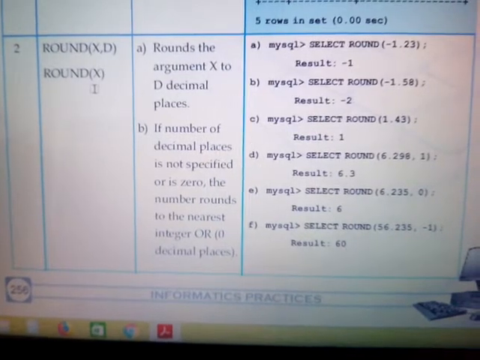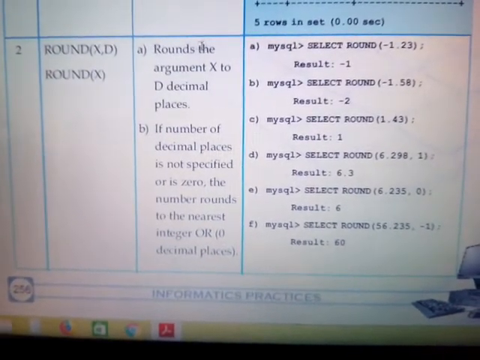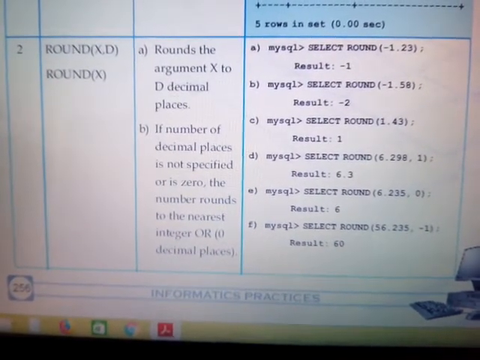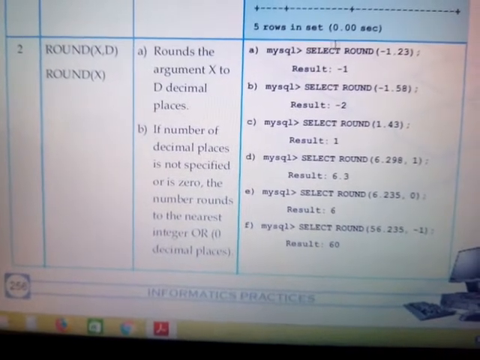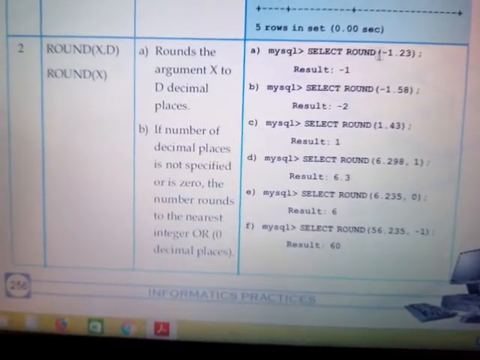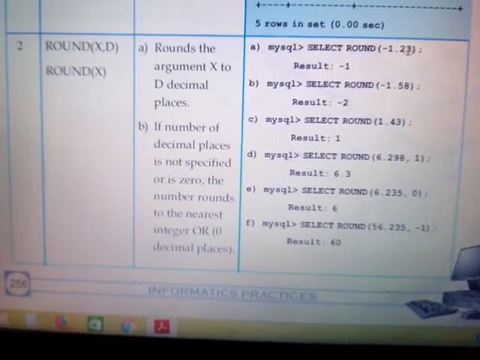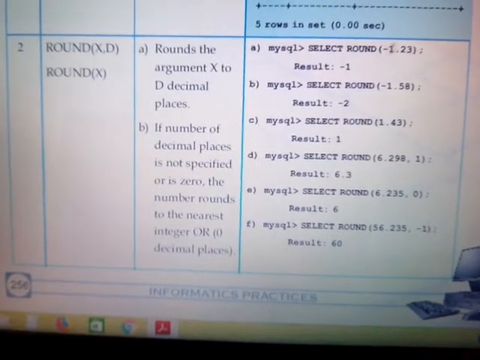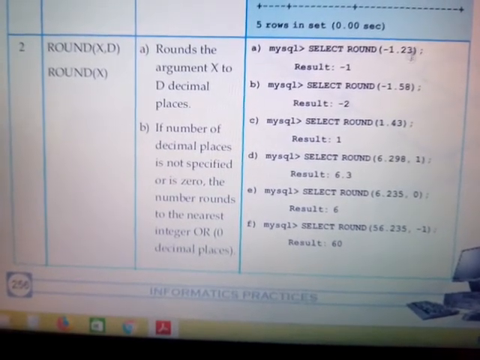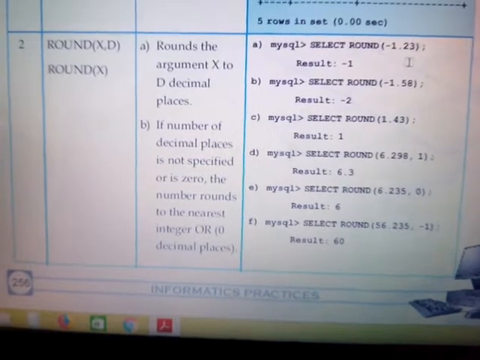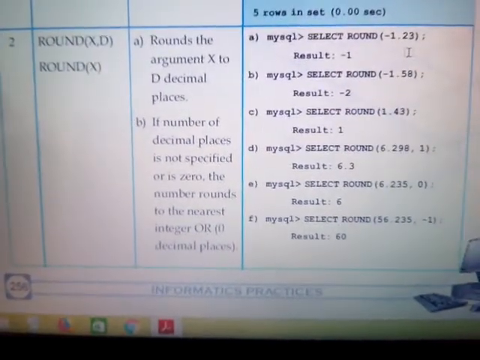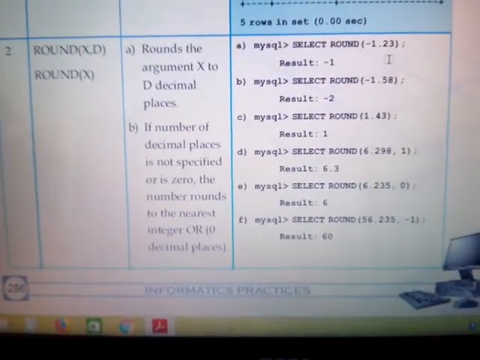It rounds the argument x to d decimal places. Let's check the example. What is given? Select round minus 1.23. Here no comma is given, and after the comma we cannot find any number. That simply means minus 1.23 is given, and we are supposed to round this number.